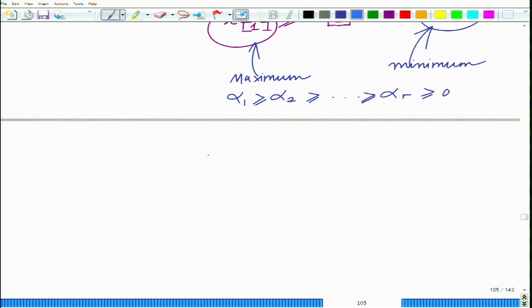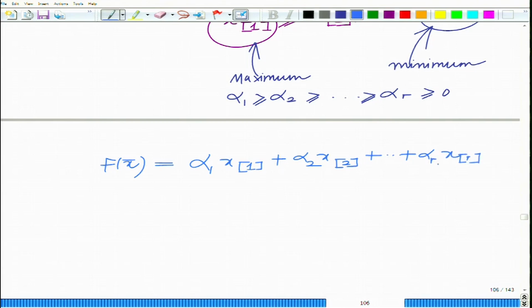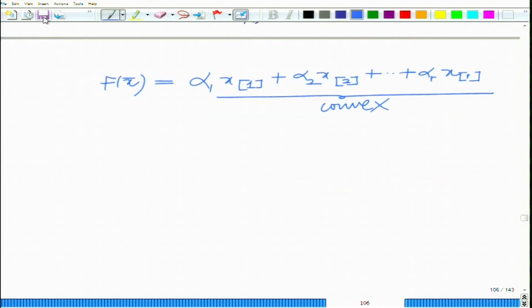Now, what we want to show is that this function of x bar, which is alpha 1 x subscript square bracket 1 plus up to alpha r x subscript square bracket r, is convex, and this can be seen as follows.